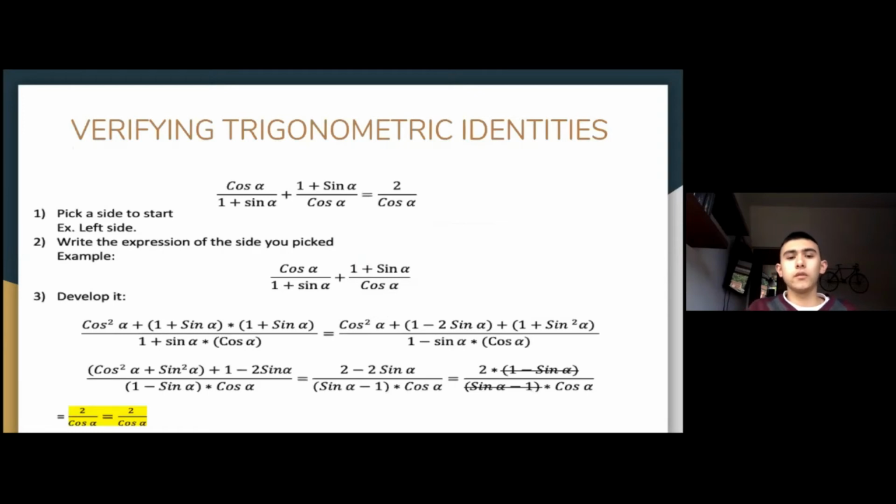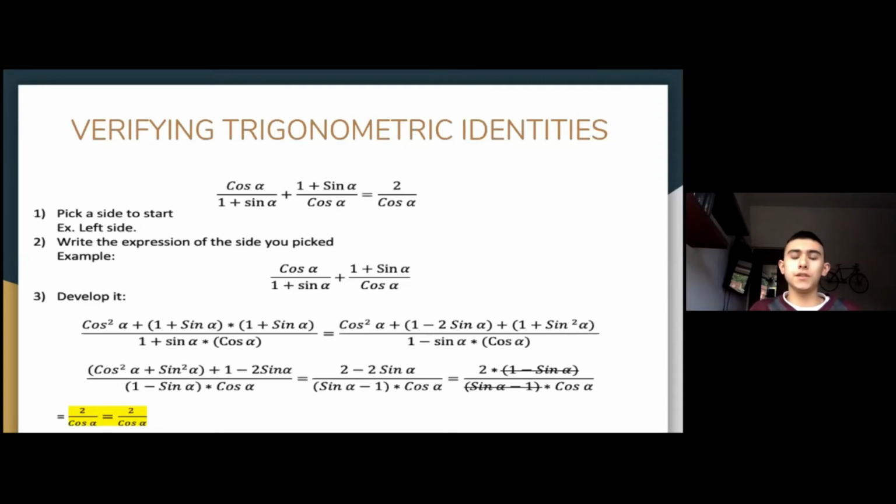So, the first step to solve this identity is to pick a side to start. For example, you can pick the left side or the right side. In this case, we will pick the left side.